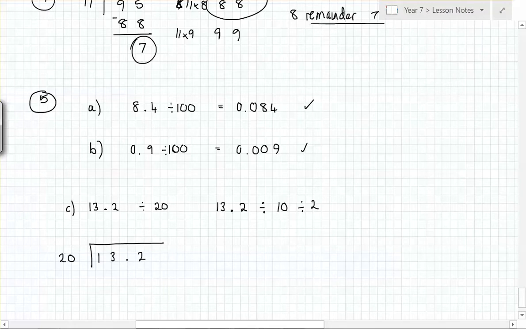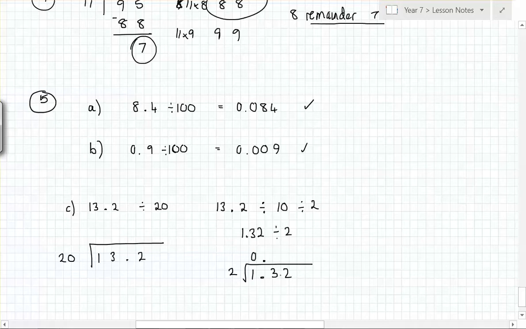The answer is, so 13.2 divided by 10 would be 1.32. And if I then divide that by 2, so I can do 1.32 divided by 2 gives me 0.